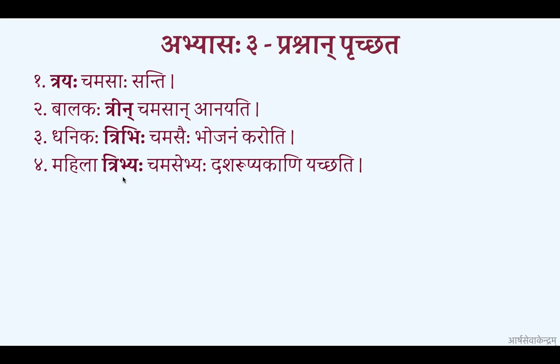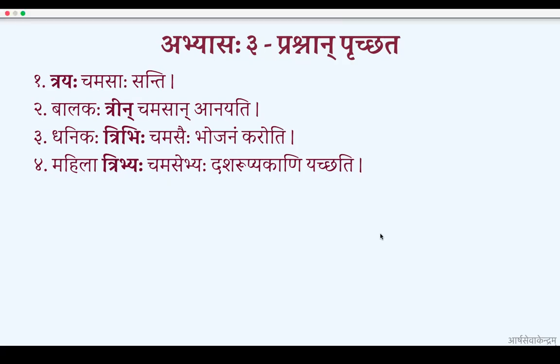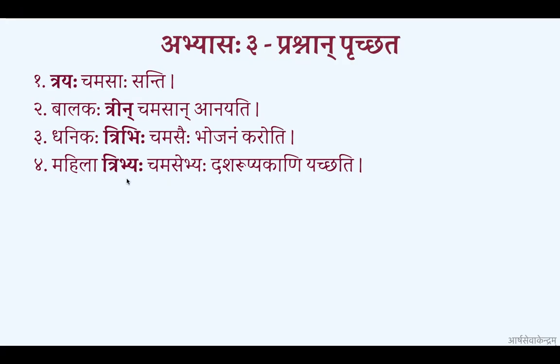Uttama. So prashna, repeat the prashna form using Kati. Mahila katibhyah chamasebhyah 10 rupyakaani yachchhati. Arthah kah? So how many spoons did she get for 10 rupees?